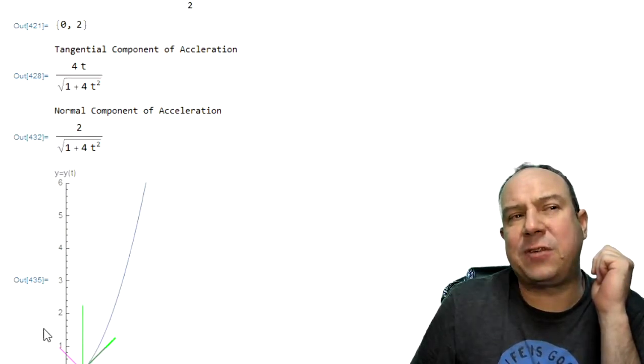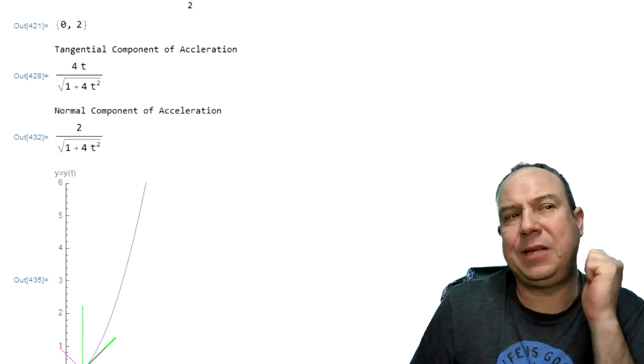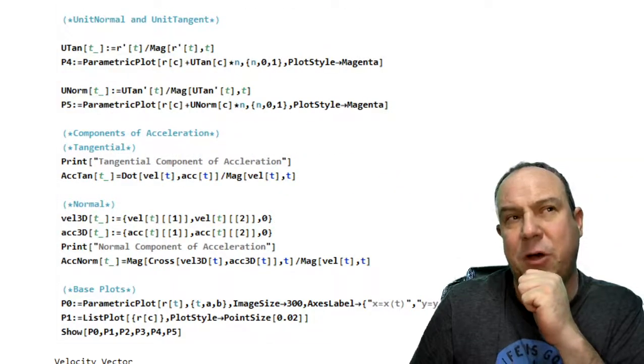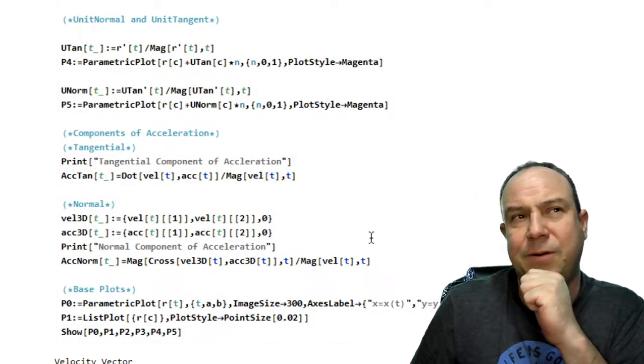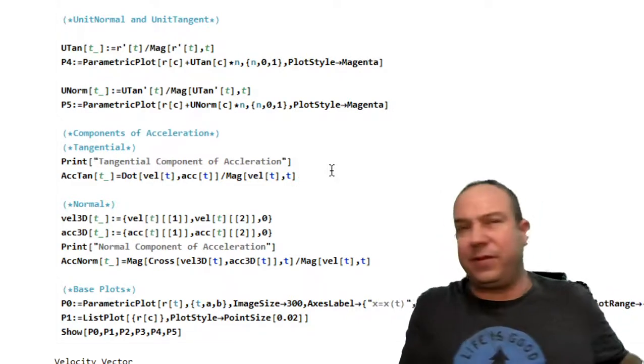So we get vectors that when summed together give me my acceleration vector. Right? So let's build those vectors in our descriptions here. And let's put them into the graph.